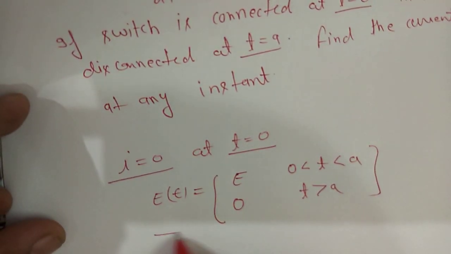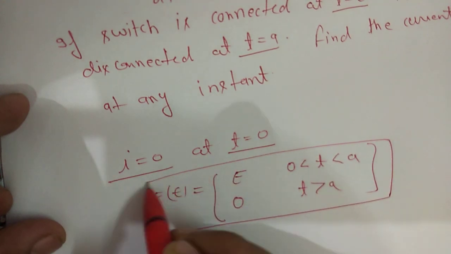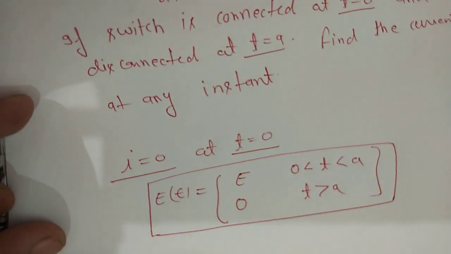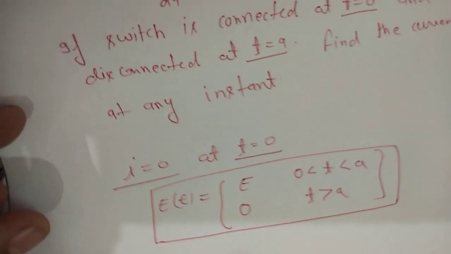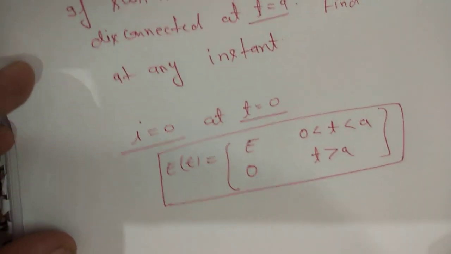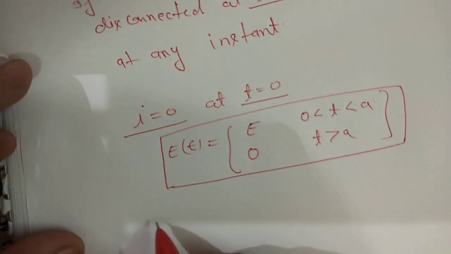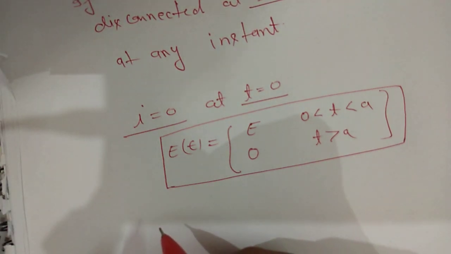So now the non-homogeneous part is a branch function, so we cannot apply the variation of parameter or whatever method we know. So let us see how to find the solution of this differential equation using the Laplace transform.